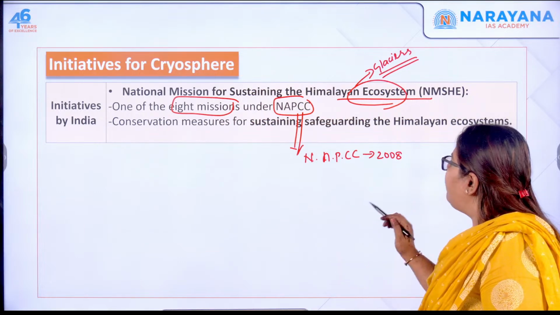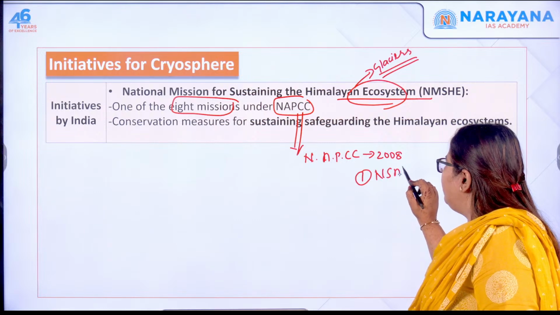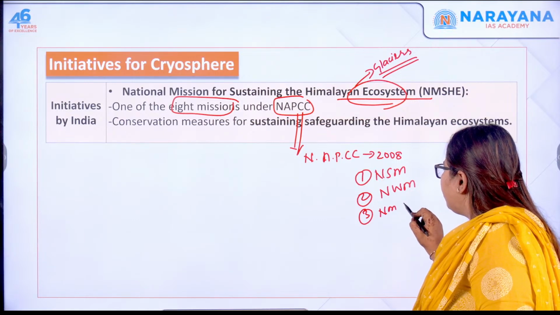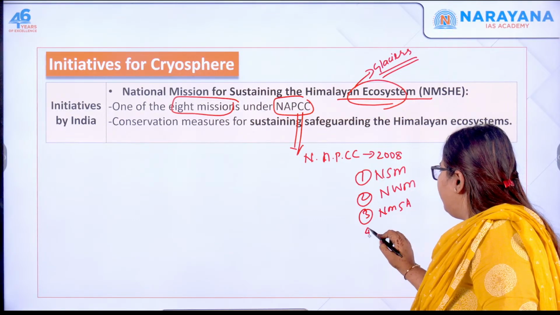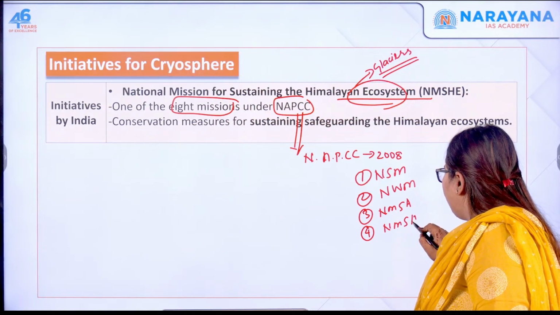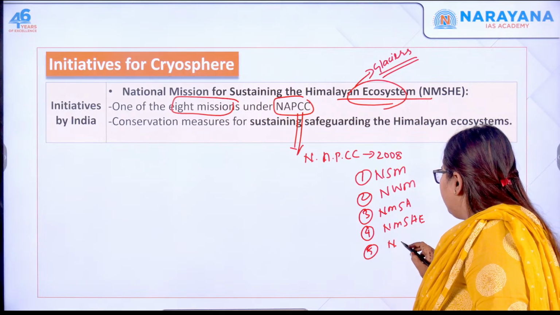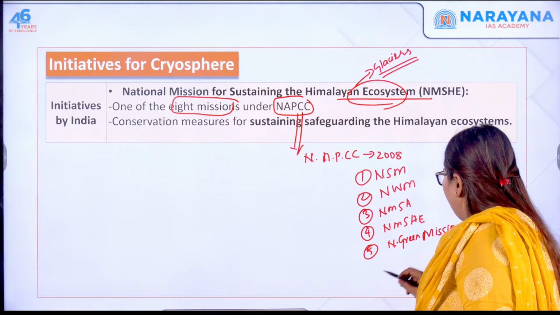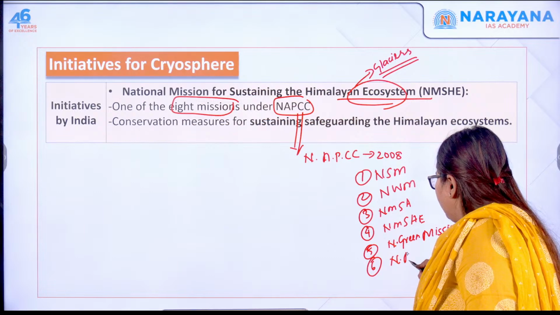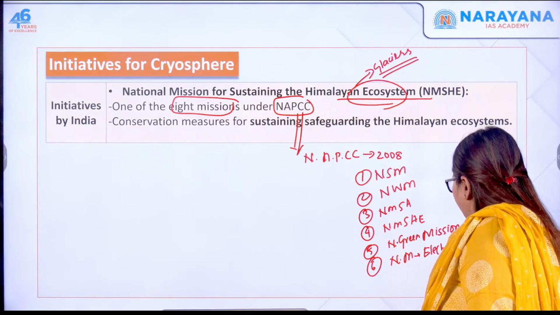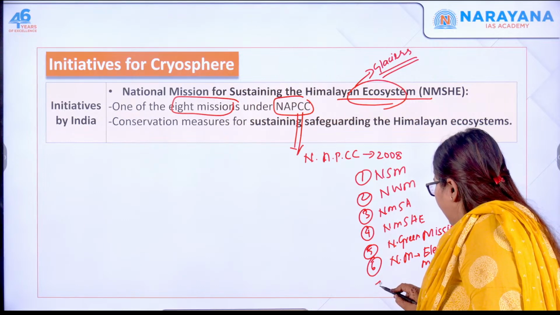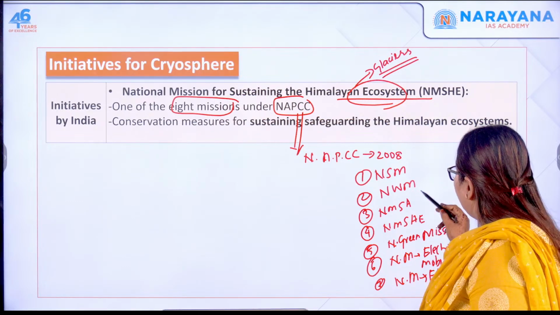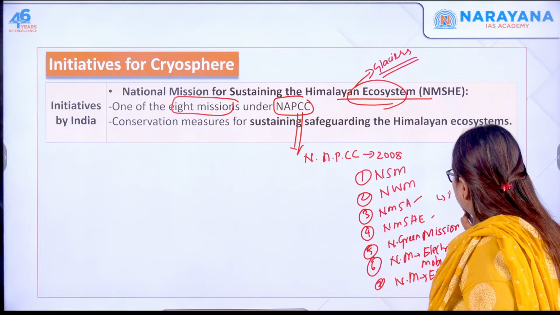One such mission is the National Mission for Sustaining the Himalayan Ecosystem. Apart from that, there is the National Solar Mission, the National Water Mission, the National Mission for Sustainable Agriculture, the National Green Forest Mission or Green India Mission, the National Mission on Electric Mobility, the National Mission on Enhanced Energy Efficiency, and the National Mission on Sustainable Habitat.